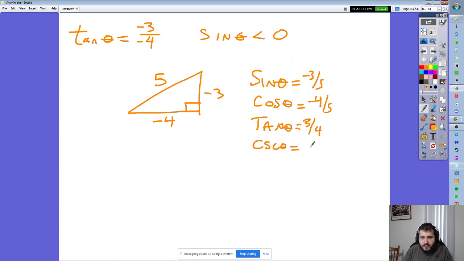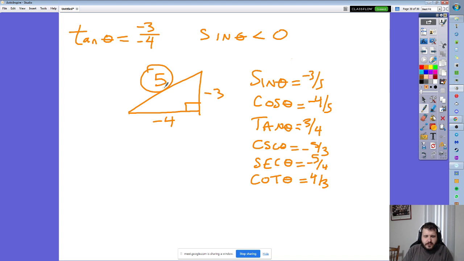Cosecant is the flip of sine. Secant is the flip of cosine. And tangent and cotangent are flips too. So where did 5 come from? So remember, I don't know what this is yet. I got to use the Pythagorean theorem.